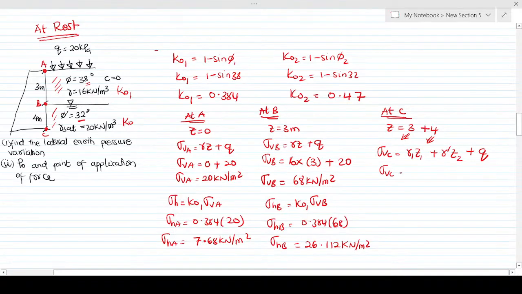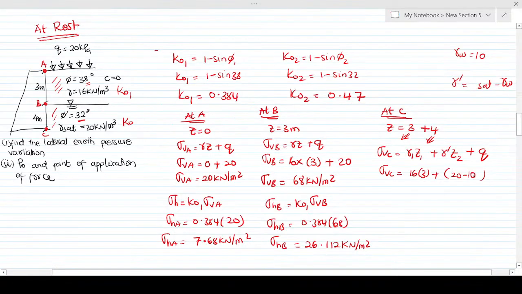So my vertical at C is going to be gamma 1, which was 16, times Z1, which is 3, plus the effective. You know that effective is the saturated minus the unit weight of water. So the effective is going to be 20 minus 10. Here we are taking the unit weight of water to be 9.8? No, the question gave us 10, so let's stick to our 10, otherwise it's going to make things difficult for me to use the calculator.